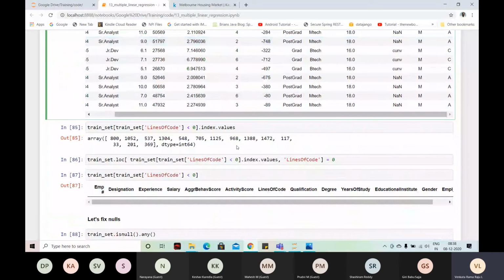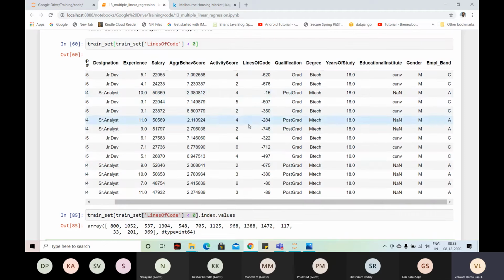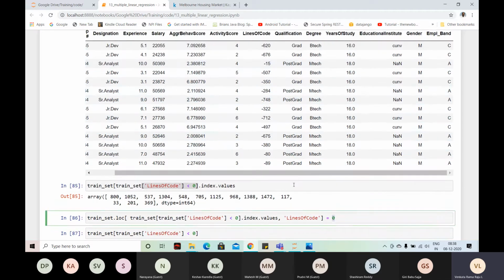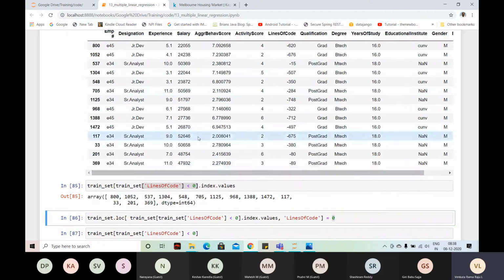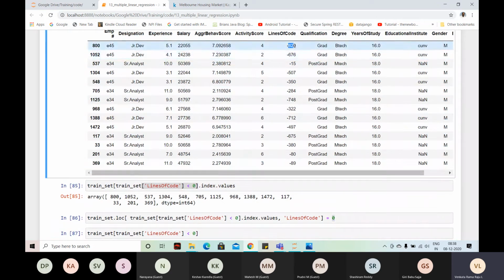So how to fix them? What I did is, all the records which have got lines of code less than 0, I replaced those lines of code values with 0. Maybe it is 0. This is a dumb way of replacing. But if you look at the designations, maybe you can find out. Junior developer, it cannot be 0.